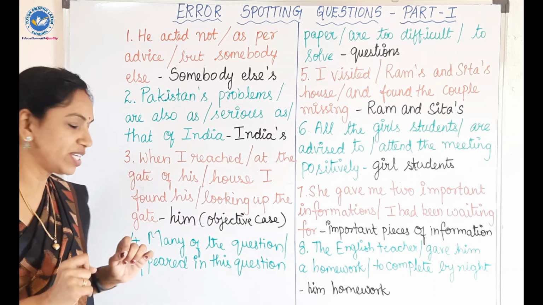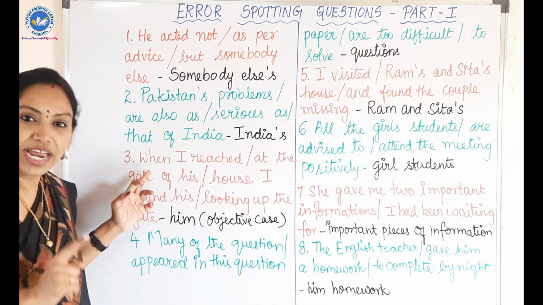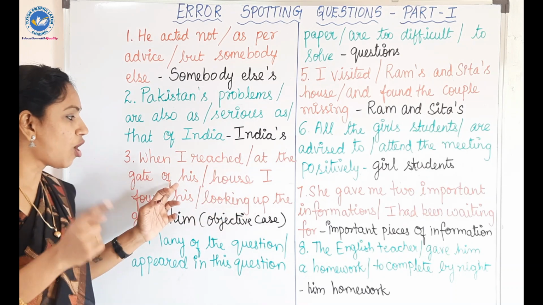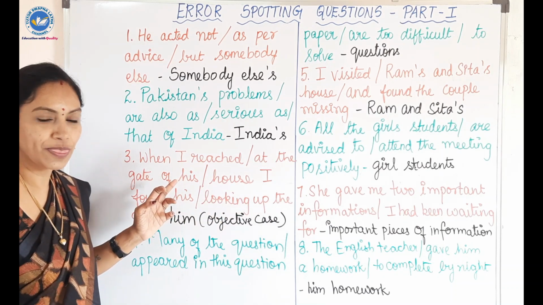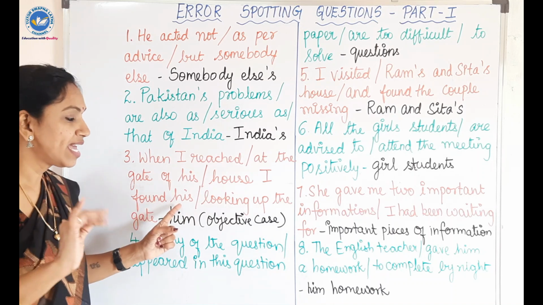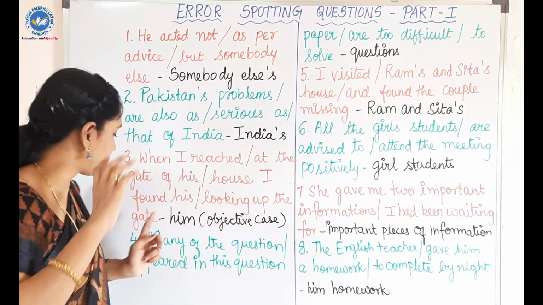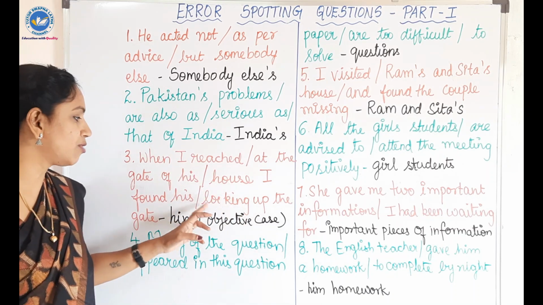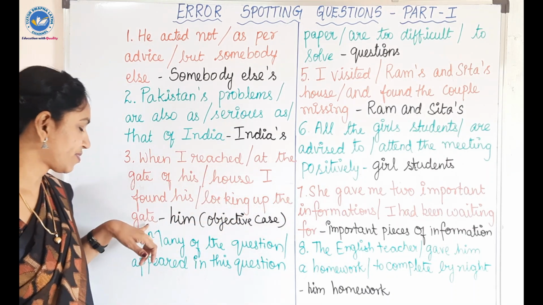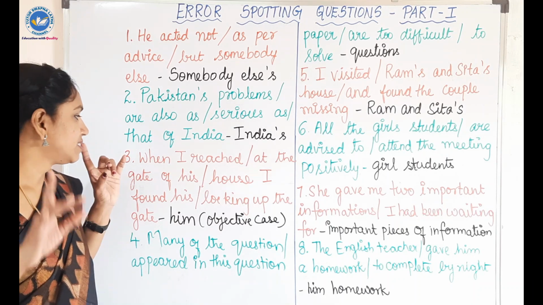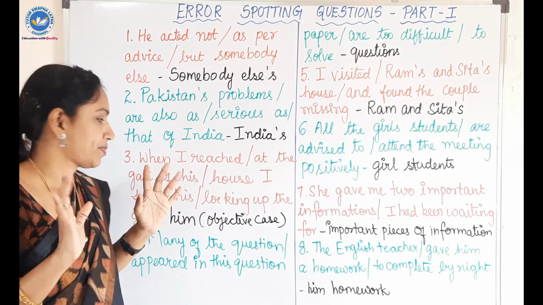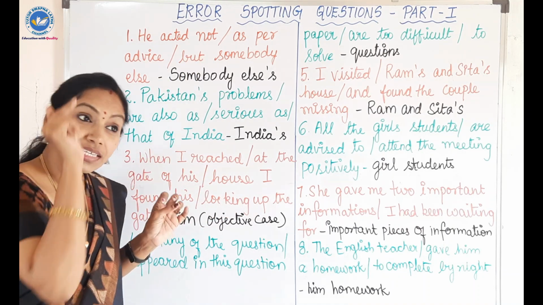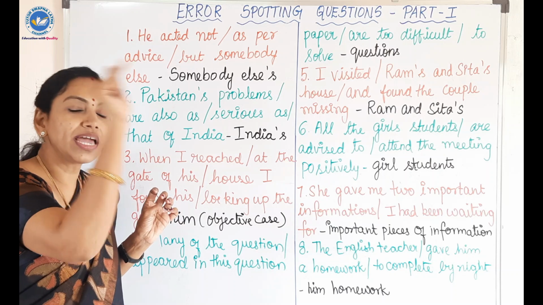Third question: When I reached at the gate of his house, I found his locking up the gate. This is C. Locking, L-O-C-K-I-N-G. Understand the meaning. When I reached the gate of his house, it is his house, somebody else's house.